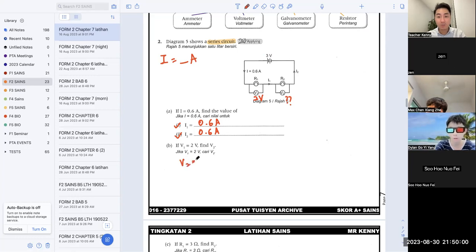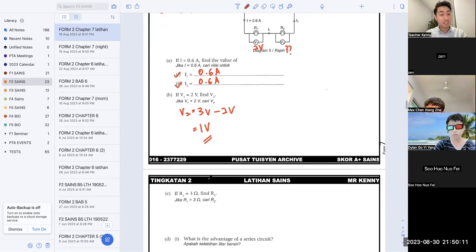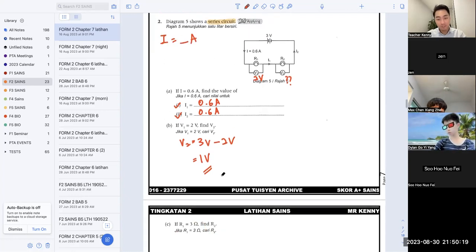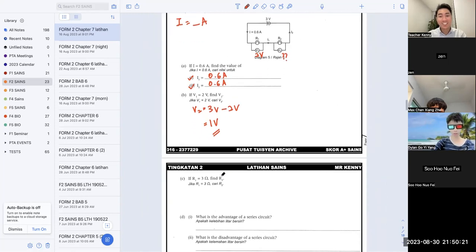Yeah, so V2 equals 3 volt minus 2 volt, which is equivalent to 1 volt. Easy. Next up, if R1 is 3 ohm, find R2.